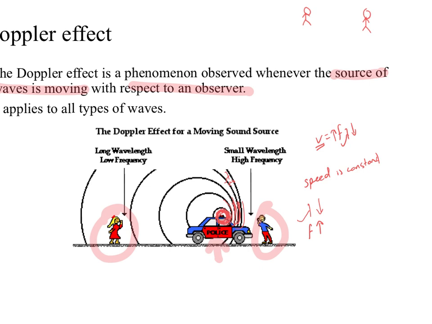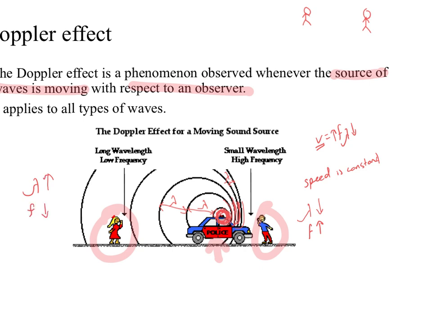Now, if we look at the girl, as the car is moving away from her, the wavelength increases. So if a source is moving away from you, a light source, whatever wave source you have, the wavelength appears to increase, therefore the frequency appears to decrease.